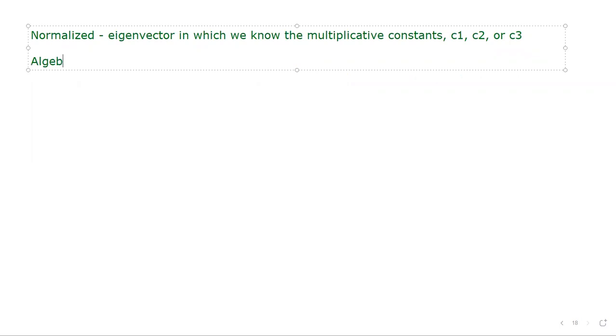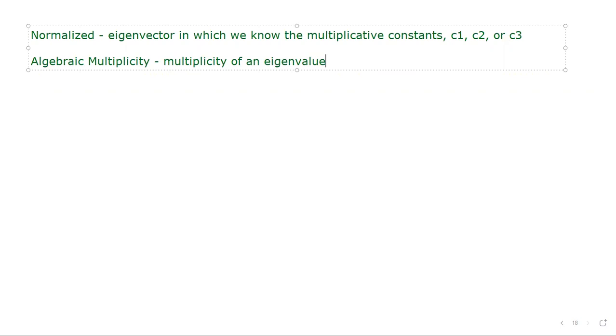An algebraic multiplicity is the multiplicity of an eigenvalue. So in the example we just did, for -1, the algebraic multiplicity was 2 because it was in there twice. For 2, the algebraic multiplicity was 1 because it was only in there once.